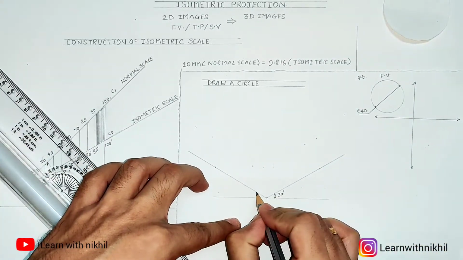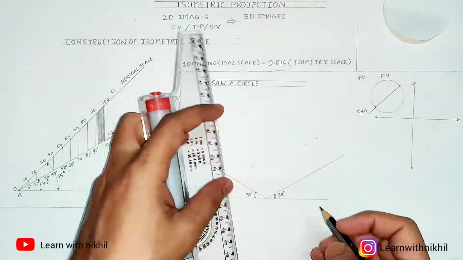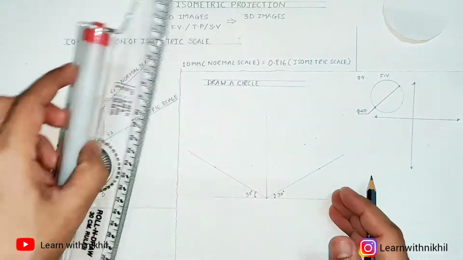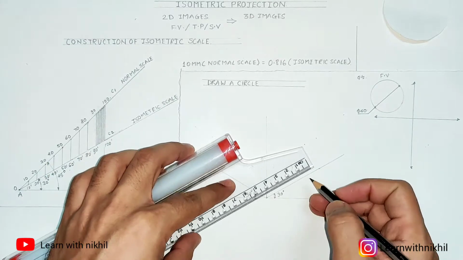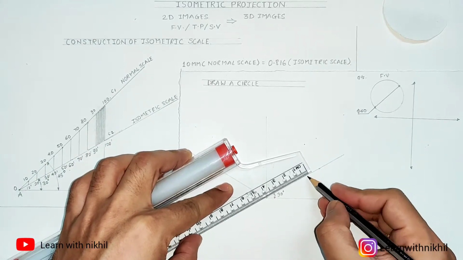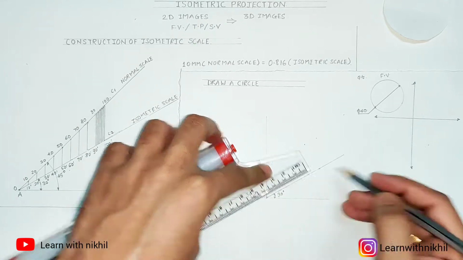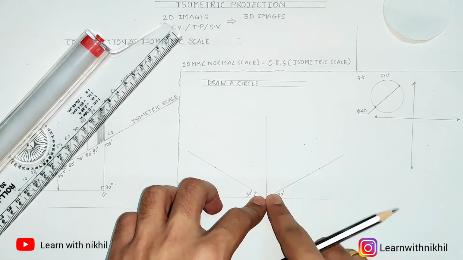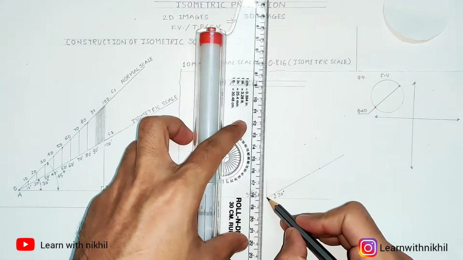And from the same center point, we will draw a straight perpendicular line, that is 90 degrees. So this we have to do in each and every isometric sum. Now as the diameter of the circle given is 40, first step to draw the circle, we will draw a square of side 40 millimeter.